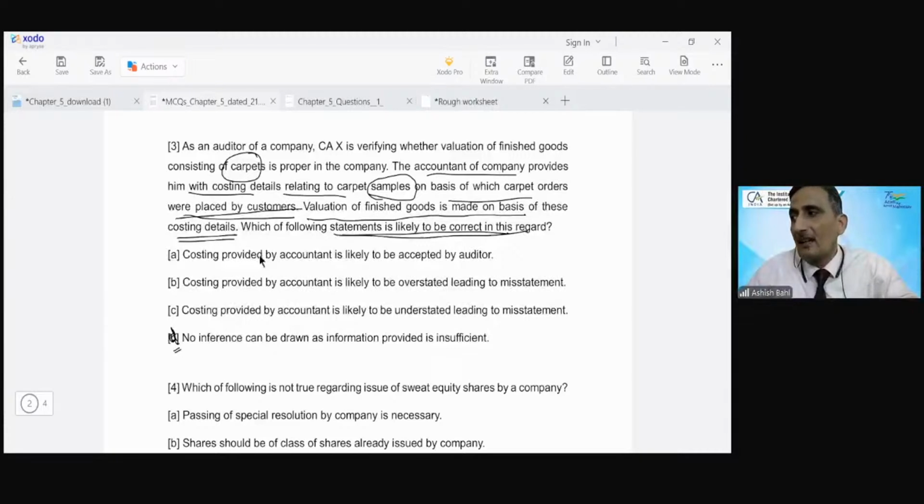Yes, accepted. Yes, Sanya, you are saying accepting as audit evidence. Now, 4 people have answered.